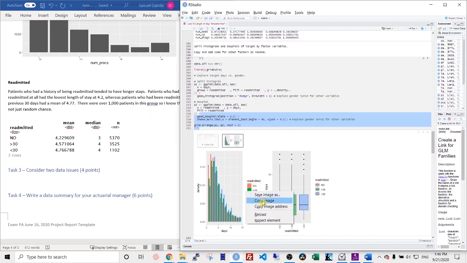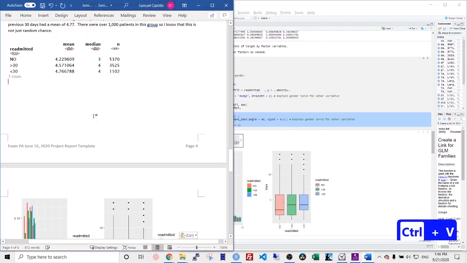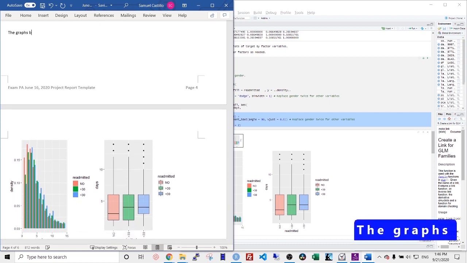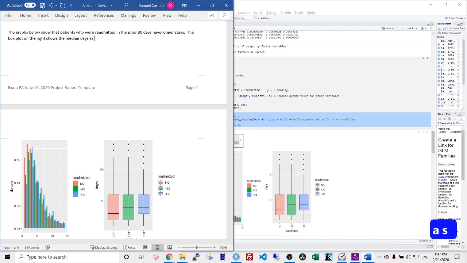Let's copy this into the document. So I'll just summarize what I said. The graphs below show that patients who were readmitted in the prior 30 days have longer stays. The box plot on the right shows the median days as the center line in each box.